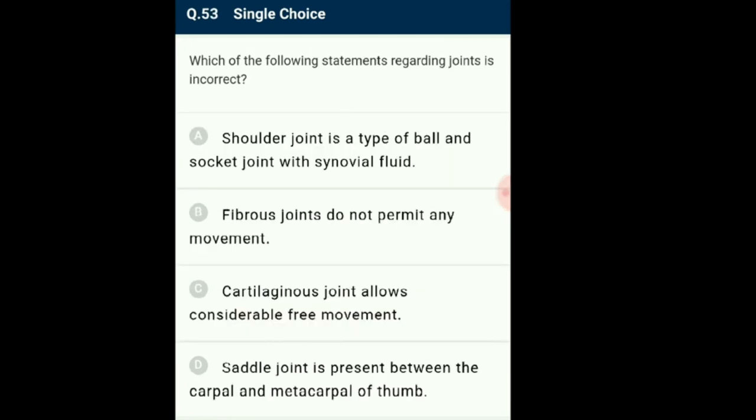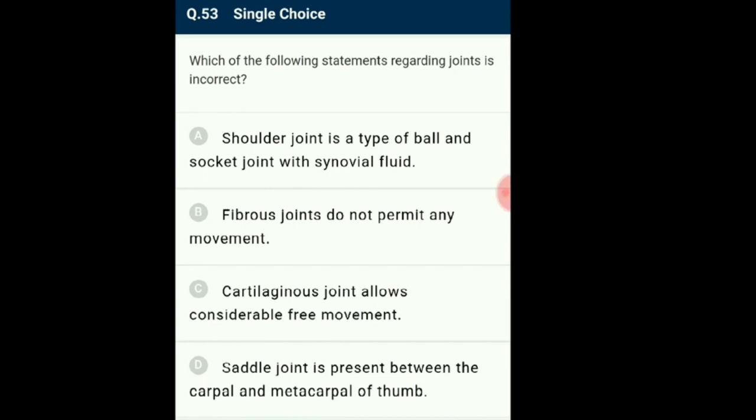Question number 53. Which of the following statements regarding joints is incorrect? Here four options are given. Cartilaginous joints permit limited movements, hence they are called amphiarthrosis. In these joints, the bones involved are held together with the help of cartilage. Example, the joint between adjacent vertebrae.